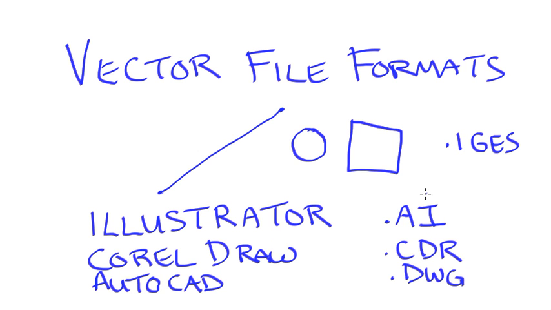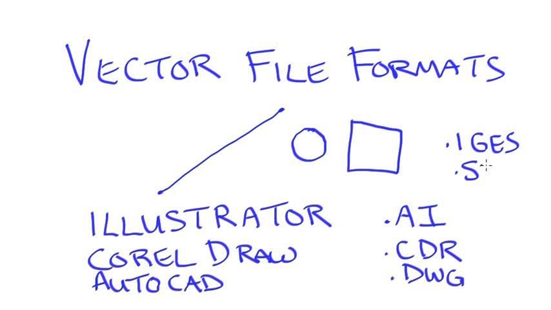And here's a good point. Illustrator's .ai is its native file format. CorelDRAW's .cdr is its native file format. .dwg is AutoCAD's native file format. IGES is not a native format. It's one of those like JPEG. And many of these programs can save things as an IGES.